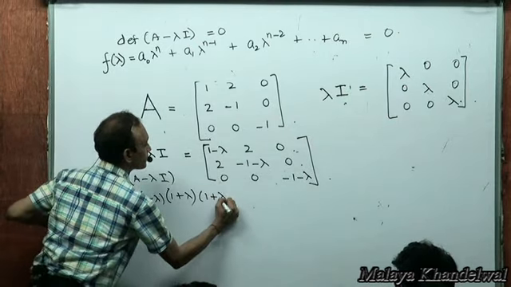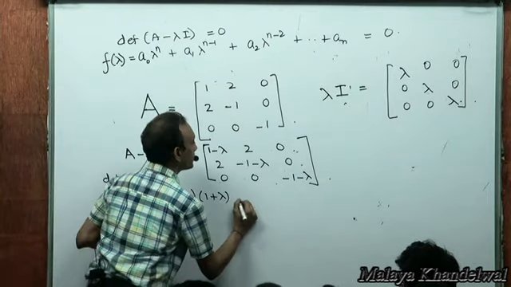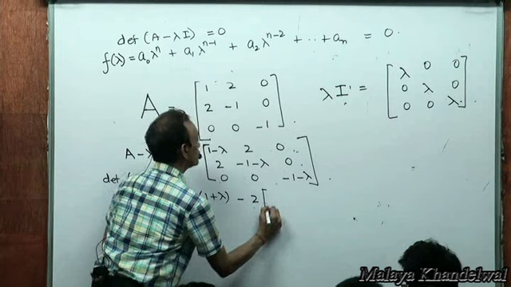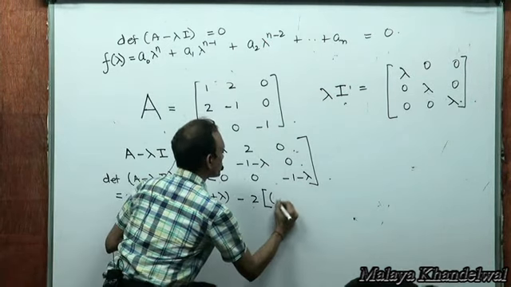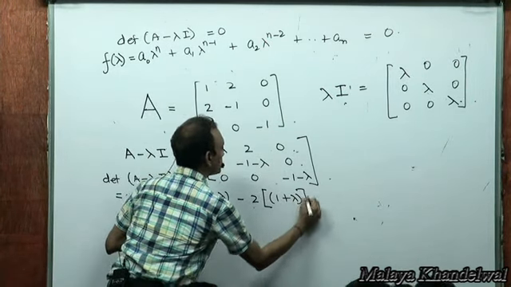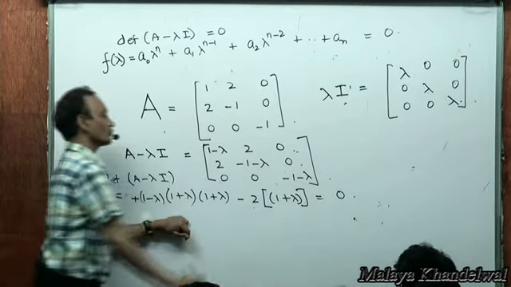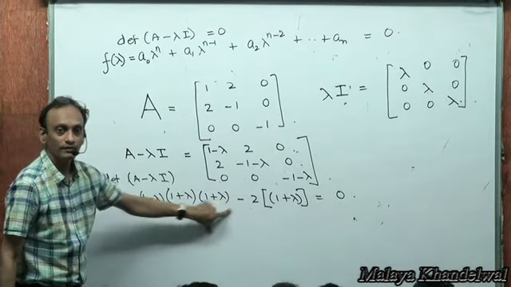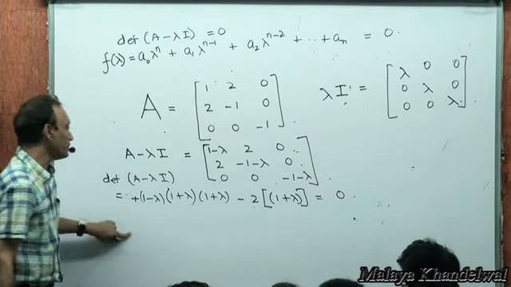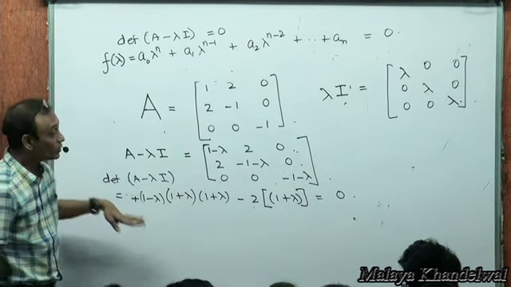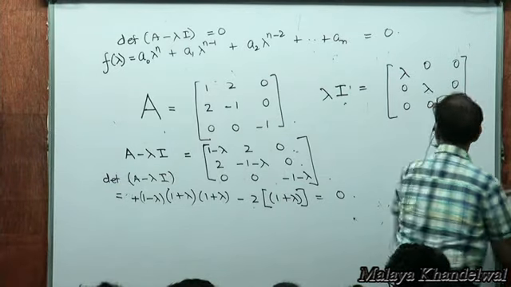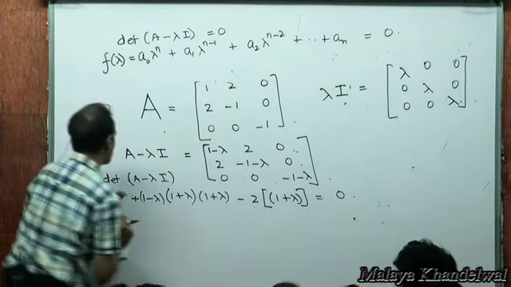So 1 plus lambda, minus 2 into 0 minus, so plus 1 plus lambda equal to 0. Do you realize it's a cubic in lambda? Do you see that it will be a cubic in lambda? Yes or no?